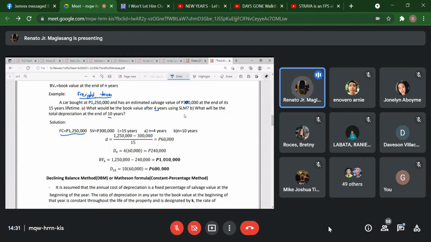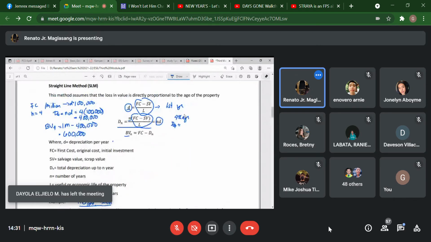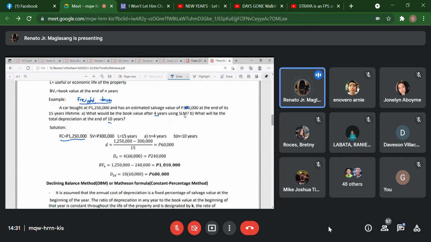Let's go back to the equation. The depreciation cost is equal to the first cost minus the salvage value over the useful life. So we have the first cost minus the salvage value over the length of years, which gives 60,000. To get the total depreciation, that is nD.